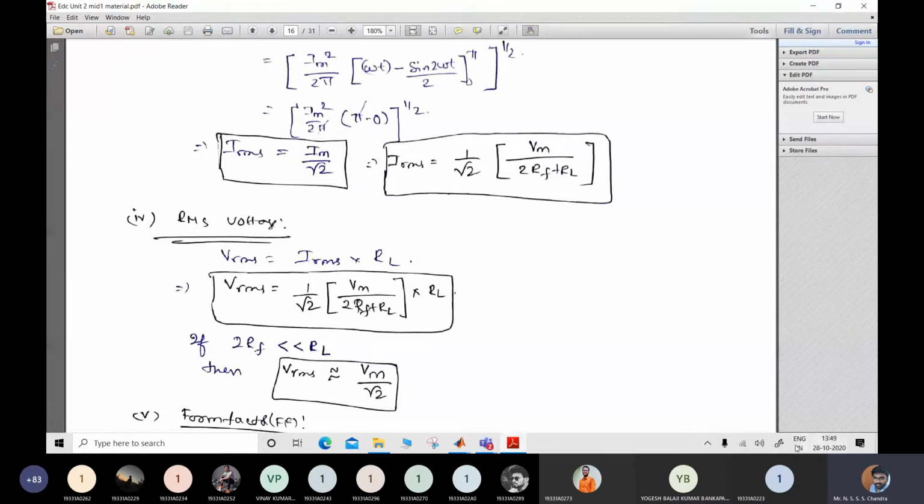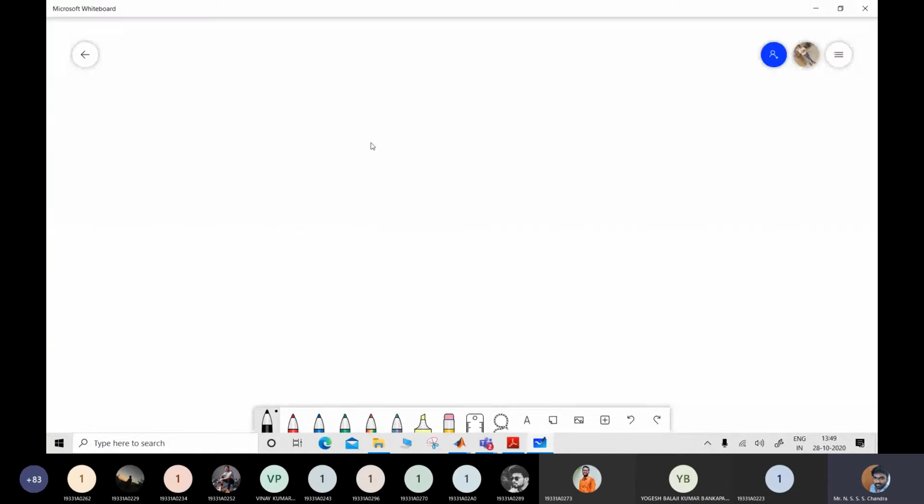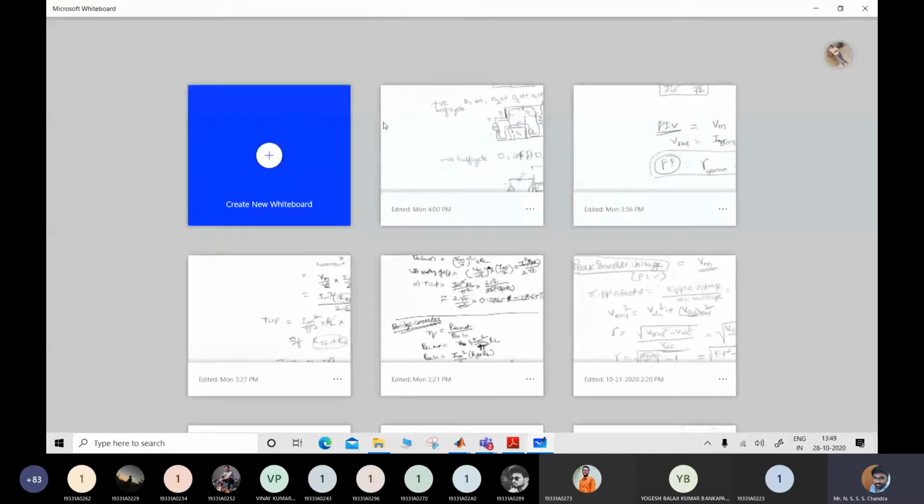I'll open the whiteboard from now onwards. Form factor is RMS by average value, right? So where did we leave in the last class? I think somewhere over here.